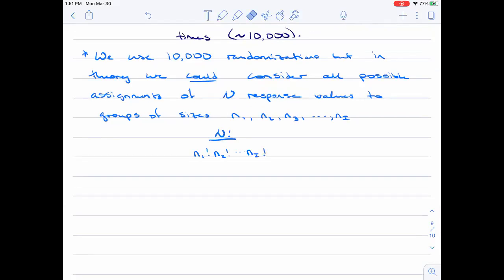That's going to be a huge number, right? Even if you consider something small like 20 response values, 20 factorial is 20 times 19 times 18 times 17 times 16.